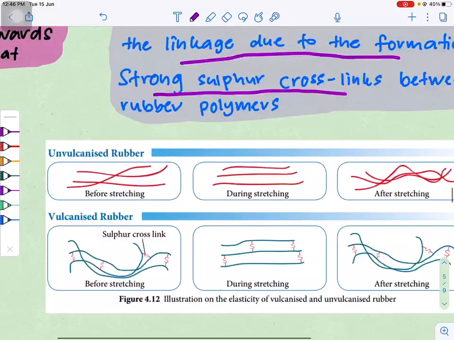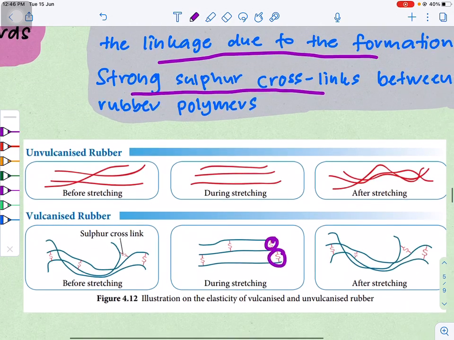This is the structure difference between vulcanized rubber and unvulcanized rubber. So before stretching, nampak tak banyak beza. During stretching, dia akan menegang. Okay, so we have the sulfur in between here.